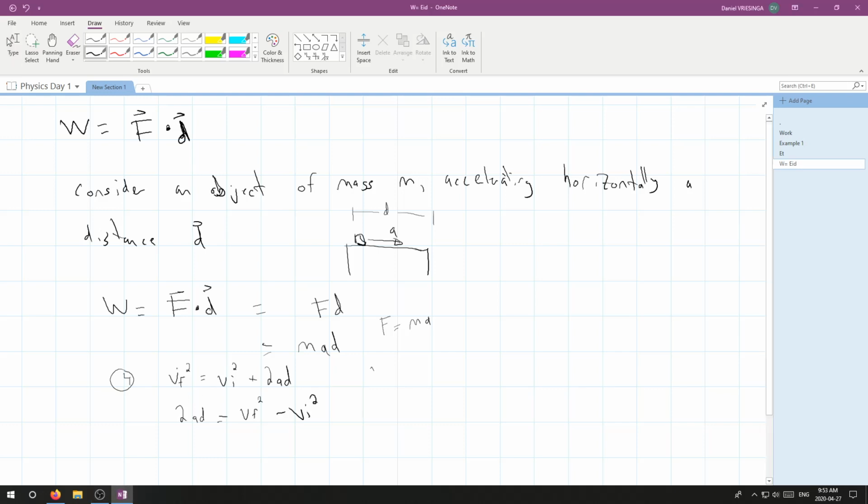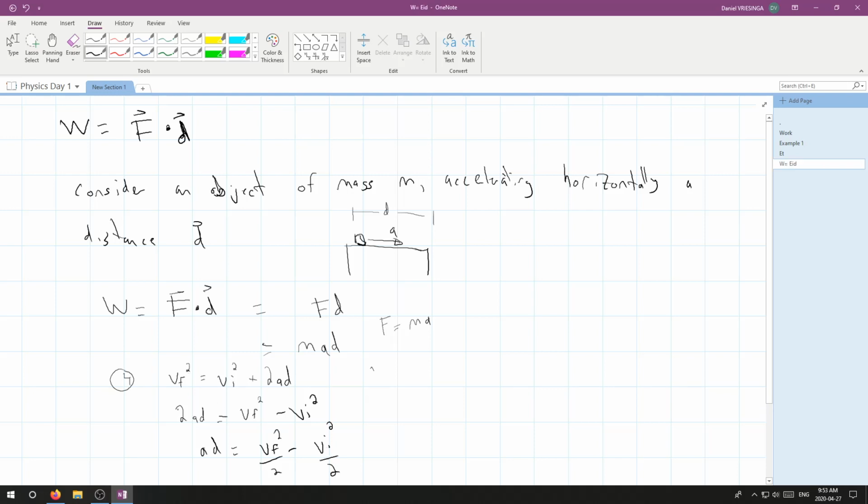Okay, that's the one that doesn't have any vectors in it. Remember, I didn't like using this formula that often because it doesn't use vectors because we're squaring stuff. But it's good here. We don't have any vectors really. We're in a 1D situation. It's totally fine. And so AD here is equal to VF squared over 2 minus VI squared over 2.